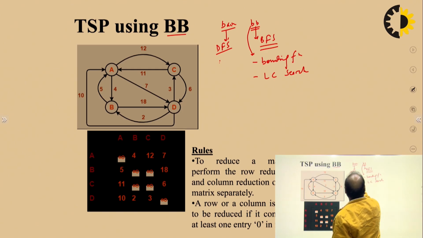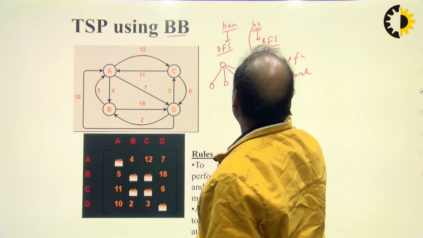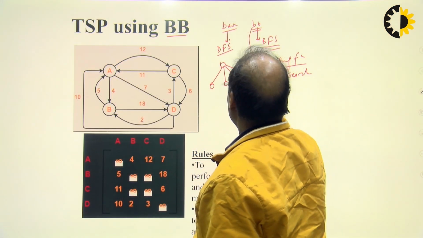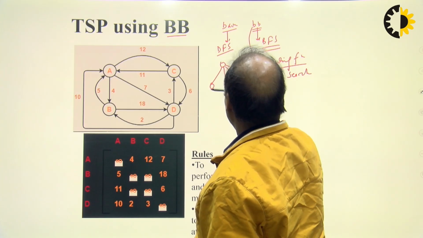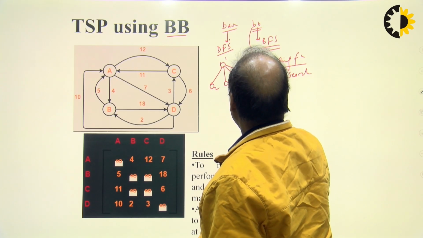If you start from a particular node, not all the options are going to be explored; only one option is explored. Which option is explored depends on the bounding function. Suppose you start from 1, going to 2, 3, 4, 5.